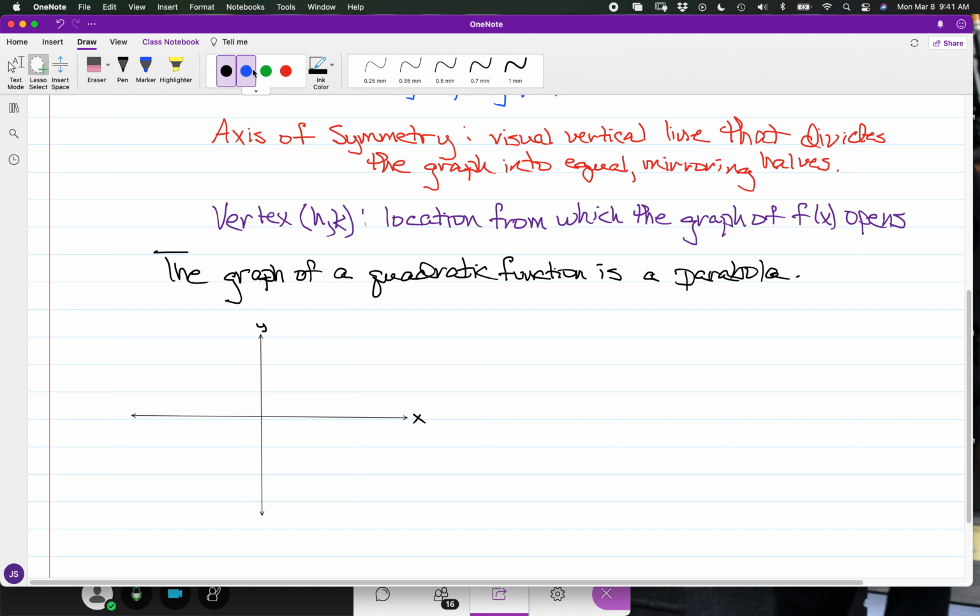Okay, so we have a case of a parabola, and we'll just say one where the graph is going to open upward.